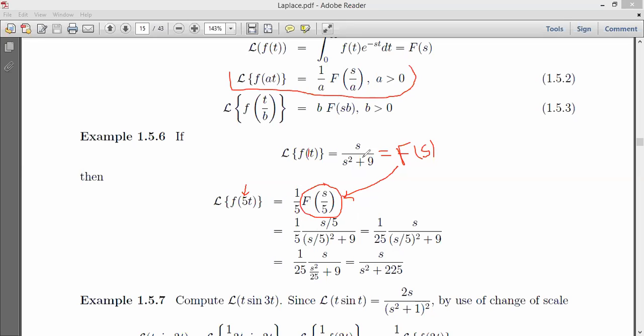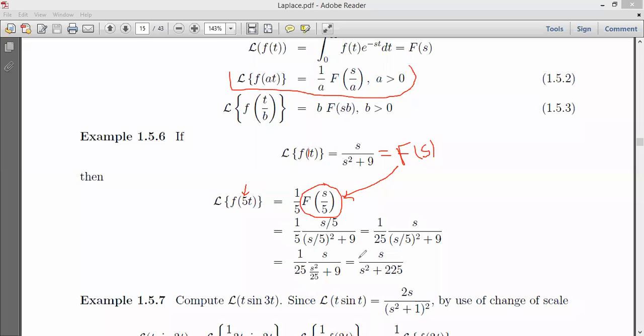The F of s, which comes from L of f of t, which is s over s squared plus 9, is already given here. So from this, I just have to divide each of these s's by 5. That is the s over 5 squared. And here you do the needful in terms of expanding.